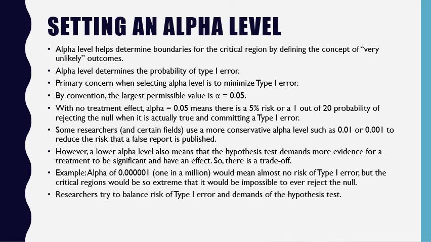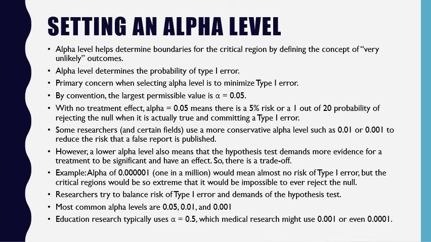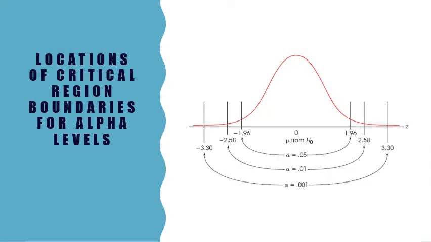So researchers try to balance the risk of type 1 error with the demands of the hypothesis test. And again, the most common alpha levels, especially in education, are 0.05 or 0.01, and other fields also use 0.001. Education typically uses 0.05. Medical research might use, like we talked about, 0.001 or 0.0001.